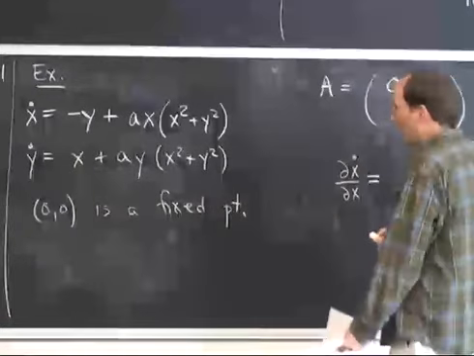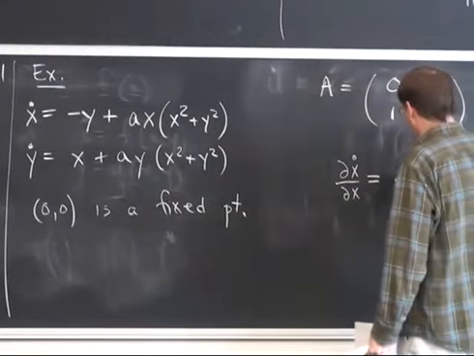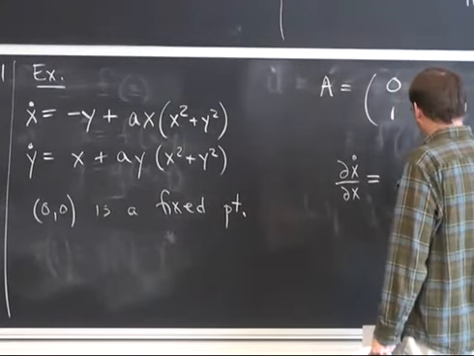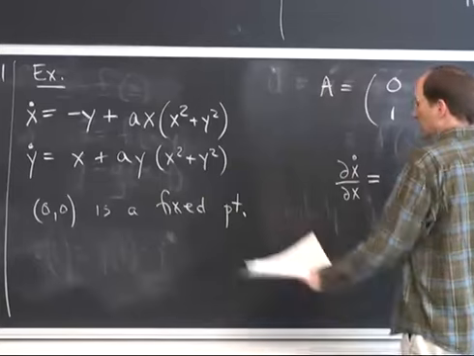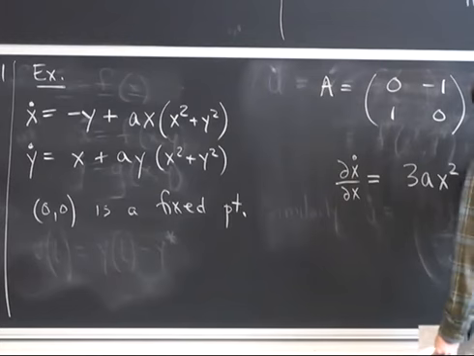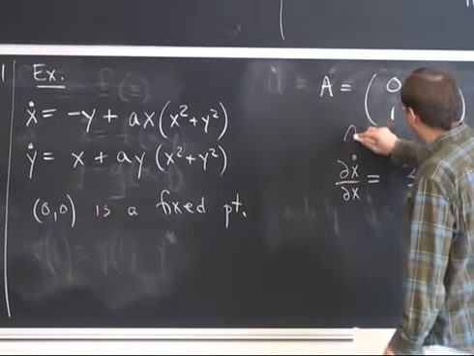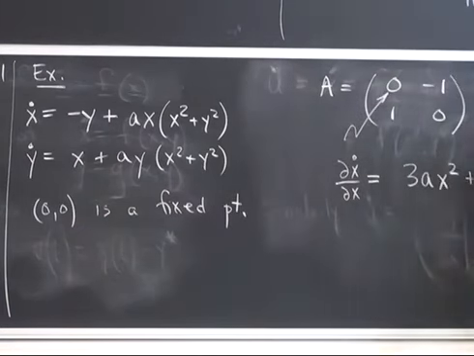The derivative of minus y will be 0 because we're doing a partial with respect to x. Then I would get 3a x squared from the x cubed term, and then plus a y squared. But then that's supposed to be evaluated at the fixed point (0, 0), which gives us 0. Okay, so that's how I calculated this term. And then you could calculate the other three similarly.